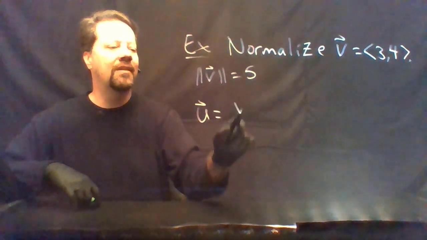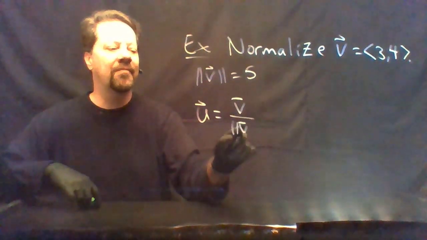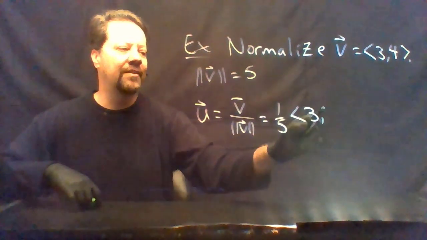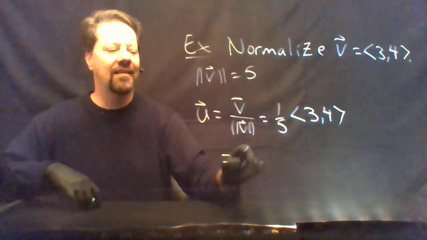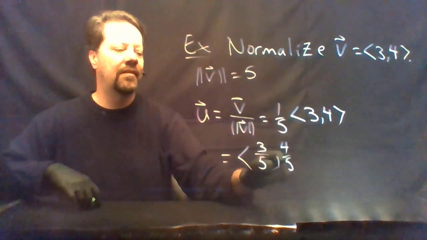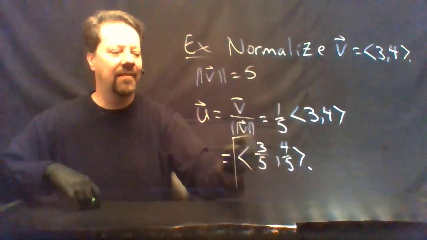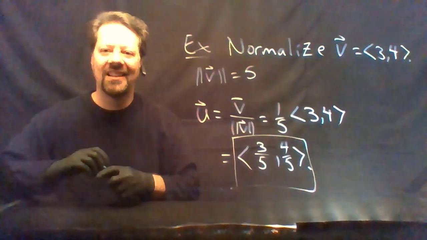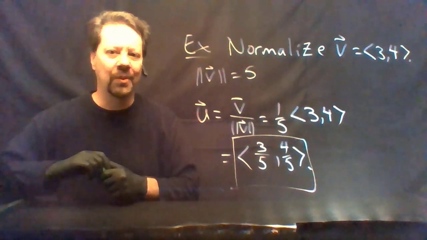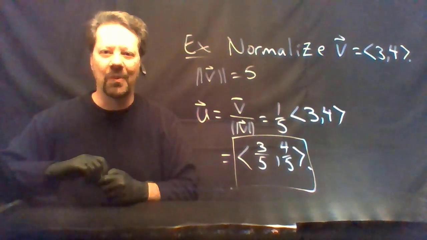So u is v over the norm of v, or 1/5 times the vector 3, 4, which gives us 3/5, 4/5. It's easy to check that the vector 3/5, 4/5 has norm equal to 1, length equal to 1.